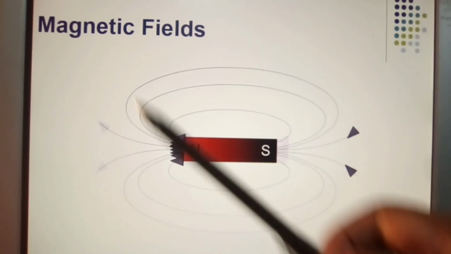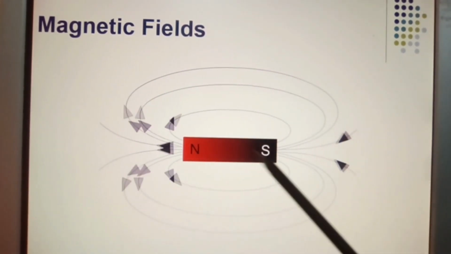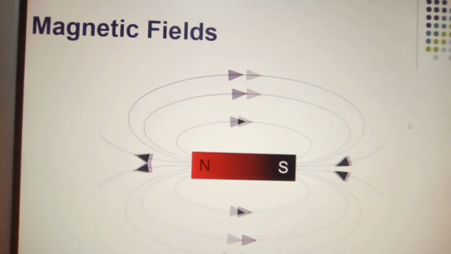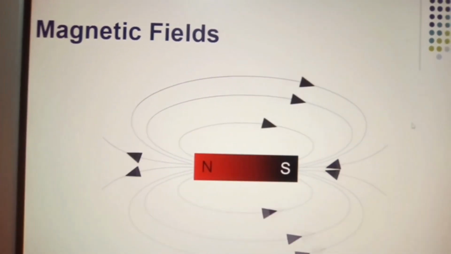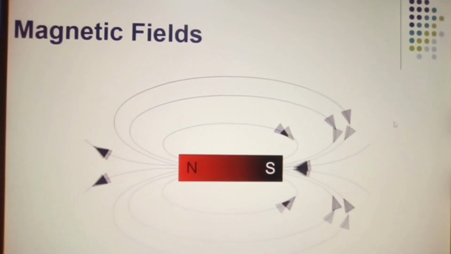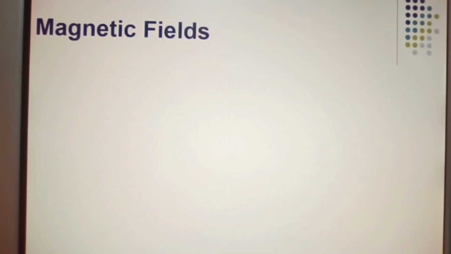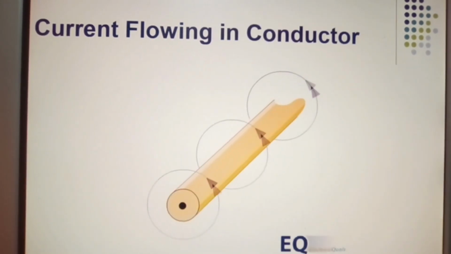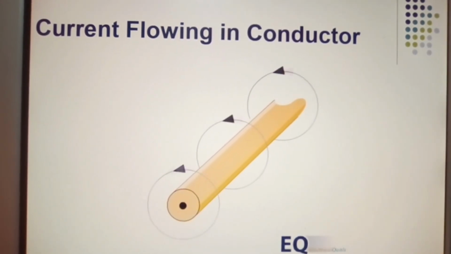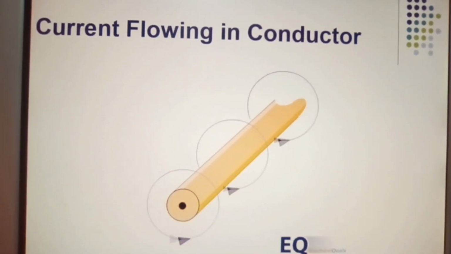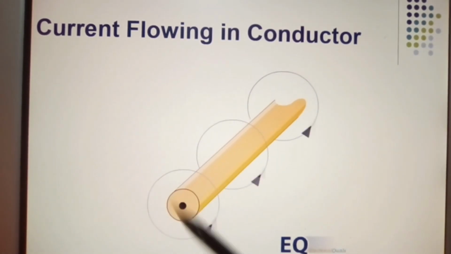Here you can see magnetic fields, north, south, and that's our field rotation from north to south. And current flowing in a conductor, you can see the current flowing. This indicates that the current is coming towards you because it's a dot.